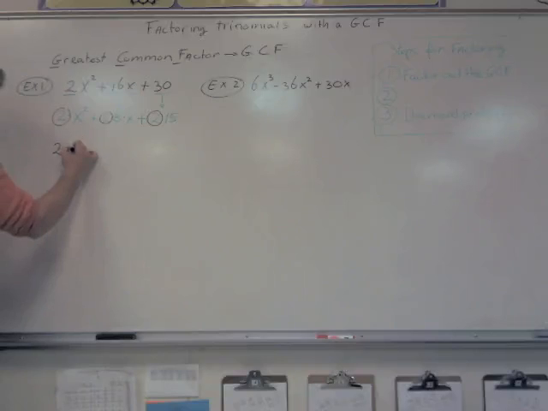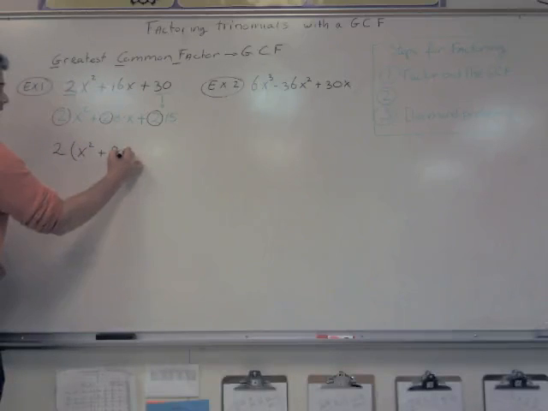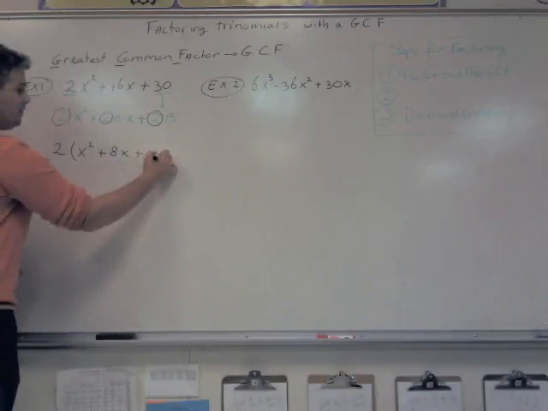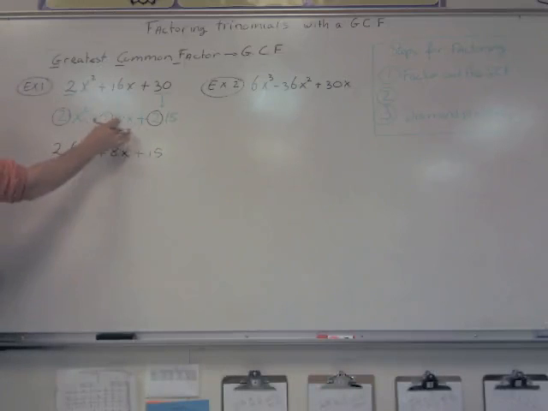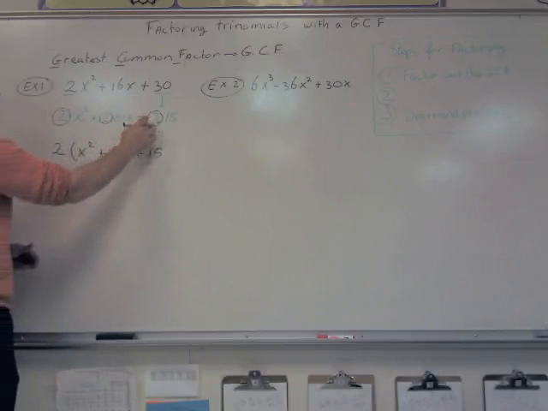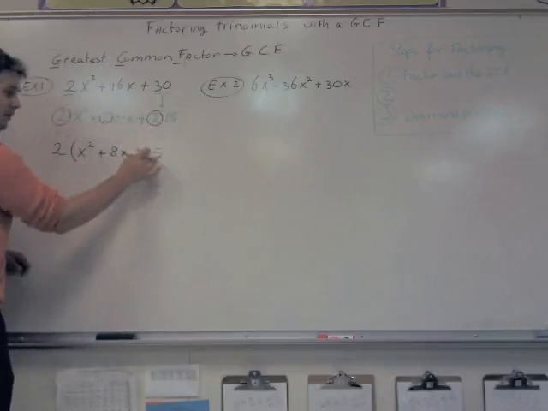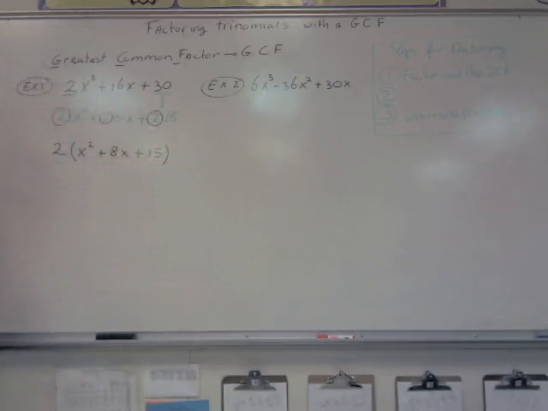Now everything that is left, you write in a set of parentheses as a trinomial: 2x squared plus 8x plus 15. When I take out the 2, only the x squared is left. When I take out this 2, the 8x is left. When I take out this 2, the 15 is left. And then we close the parentheses here.